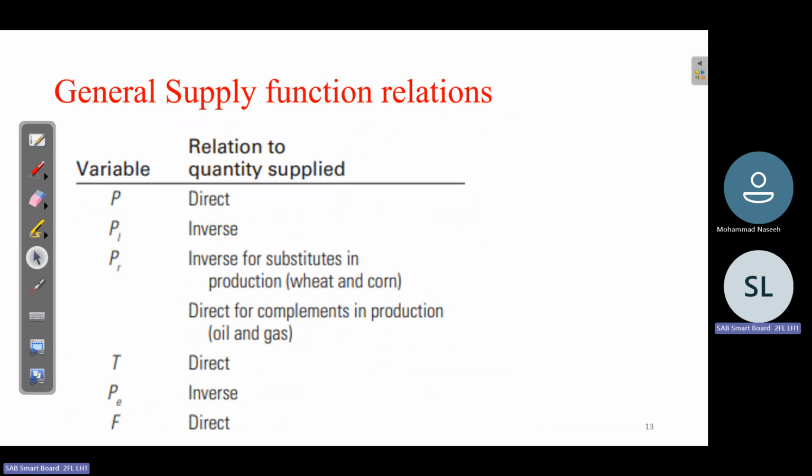Now, keeping the words profit motive in your mind, let's see the first factor. What is the first factor? Price of the selected product. When the price of the selected product increases, tell me what will happen to the supplier's profit motive. Assume you are a supplier. You get to know that the price of the product you are supplying to the market is going up.